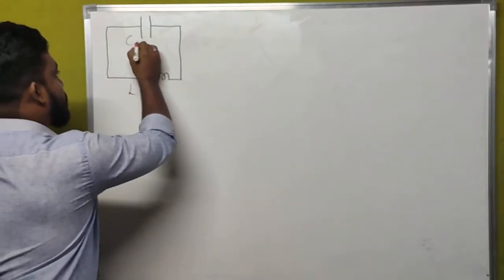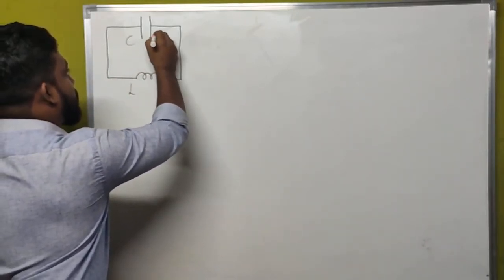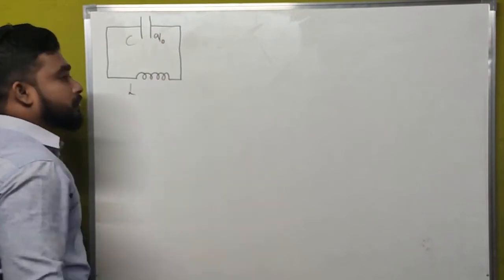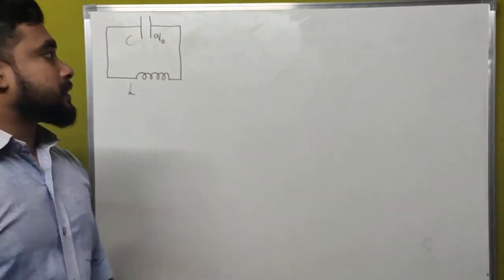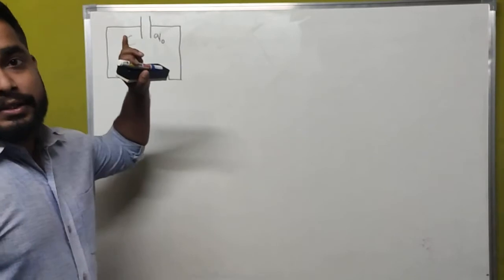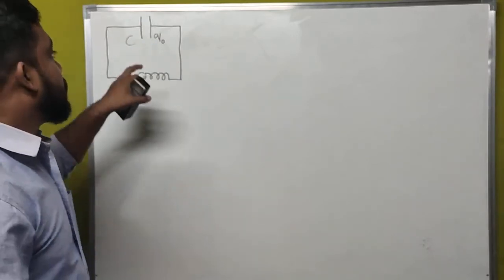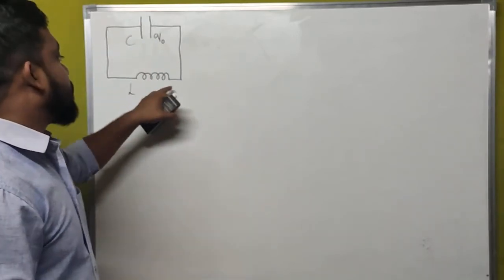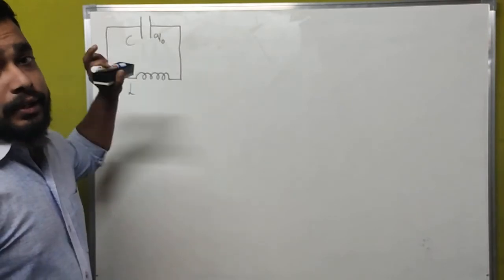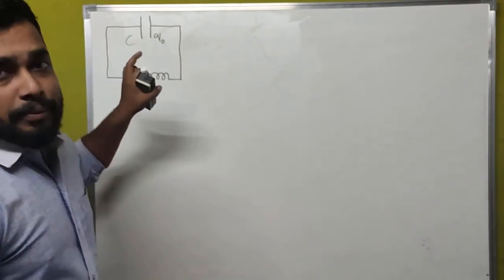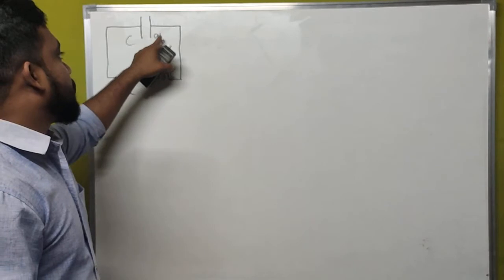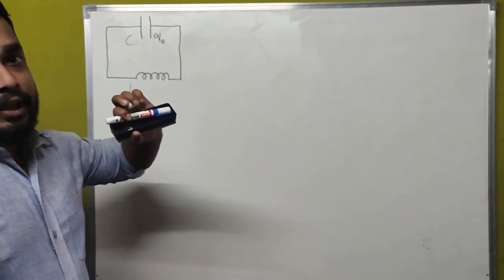This is the capacitor, and it has the maximum or peak charge before connecting the inductor across it.